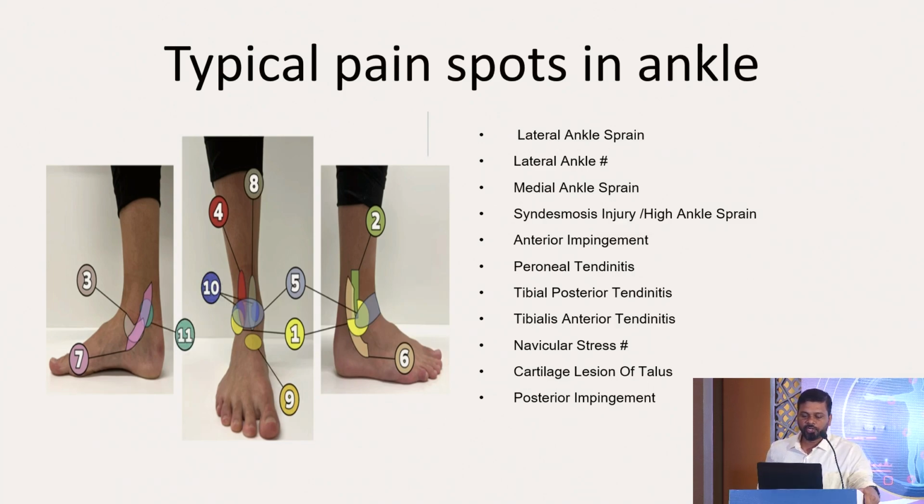Then peroneal tendinitis, tibialis posterior tendinitis, tibialis anterior tendinitis, navicular stress fracture, cartilage lesion of the talus, which happens again in the chronic runner. The pain will be on the anterior aspect of the ankle. And posterior impingement, which is at the location of the tarsal tunnel, posterior to the medial malleolus. But the tenderness will be deeper.